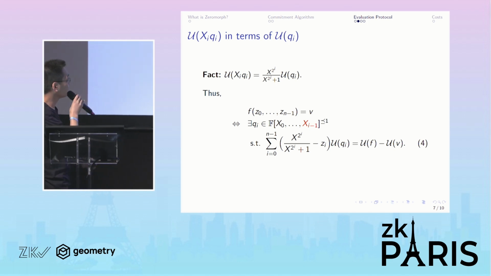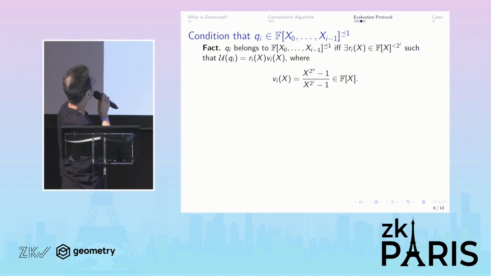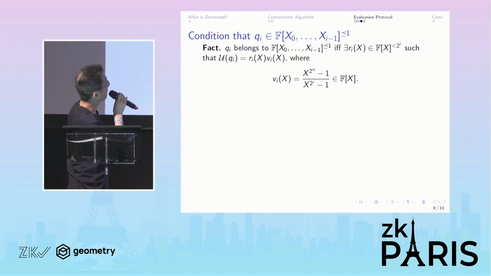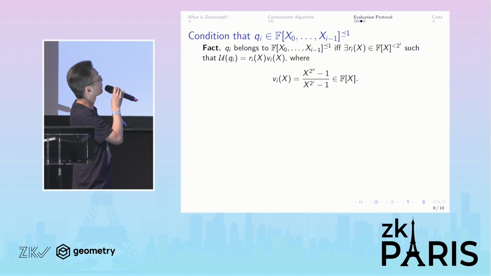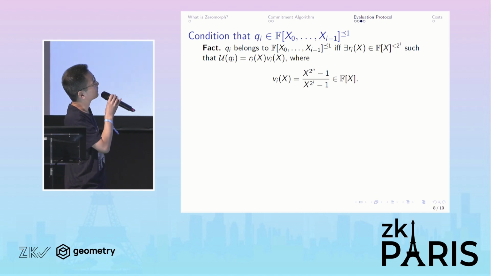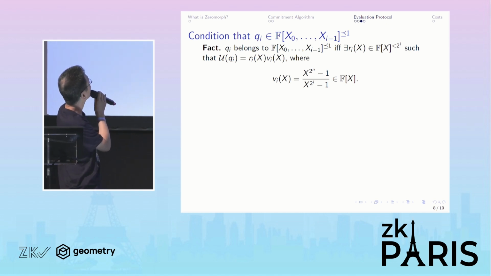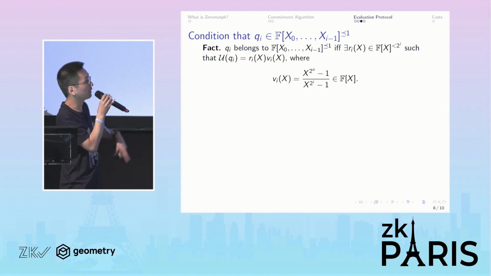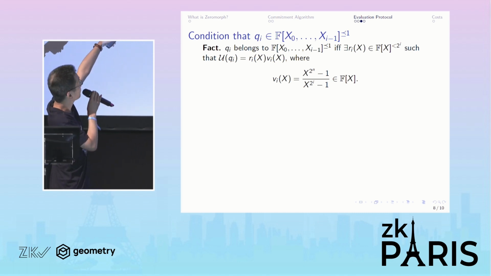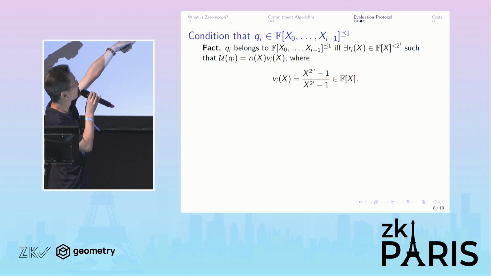And the way we do this is this. q_i is honest if and only if there is a univariate polynomial R_i of degree less than 2^i, such that u of q_i is a product of R_i and V_i. And V_i is the polynomial written here.